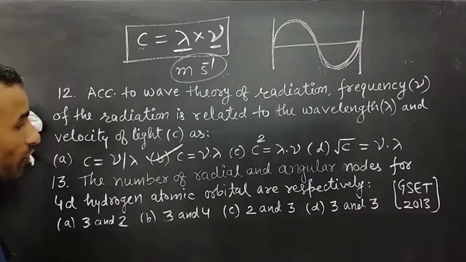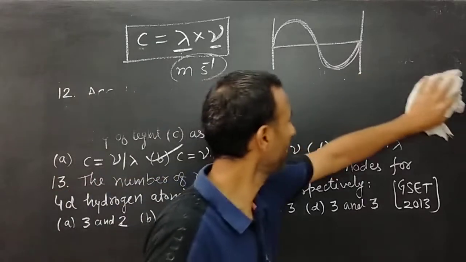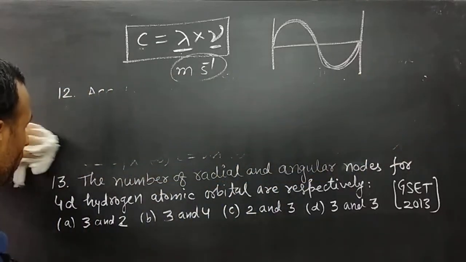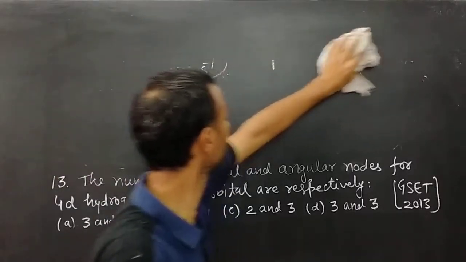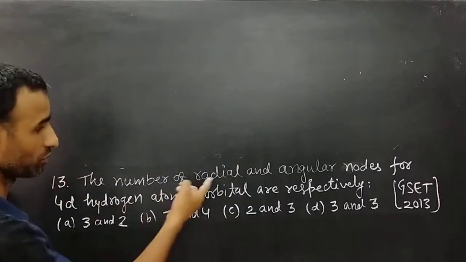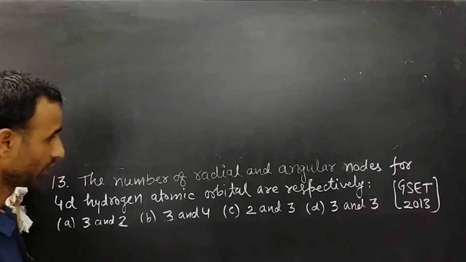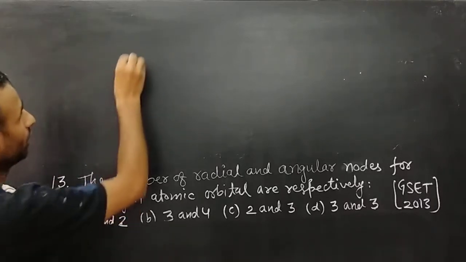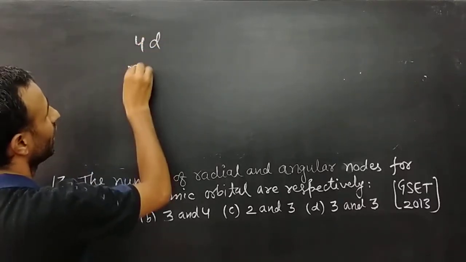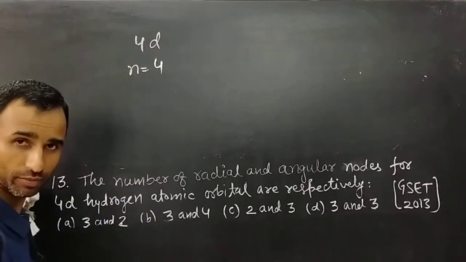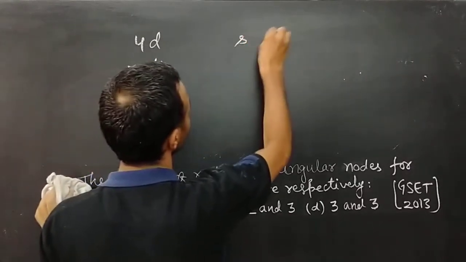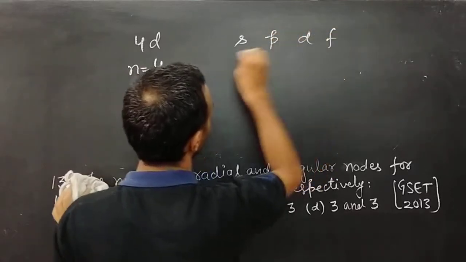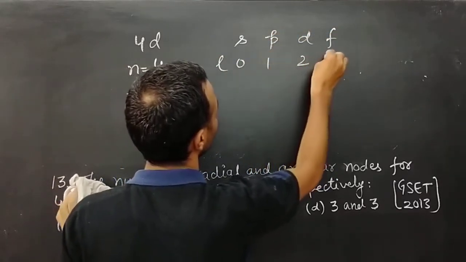Last one, number of radial and angular nodes. This question is repeated many times. Radial and angular nodes, 4D. So for 4D, n equal to 4 and L is equal to 2, because for S, P, D, F, the L value is 0, 1, 2, 3.